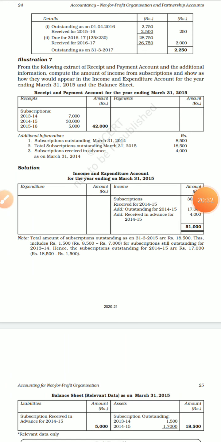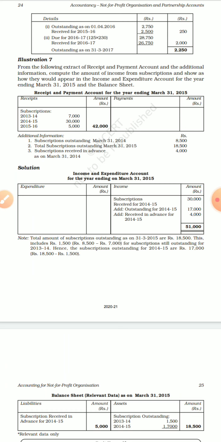So now illustration 7. From the following extract of receipts and payment account and the additional information, compute the amount of income from subscriptions and show how they would appear in income and expenditure account for the year ending 31st March 2015 and balance sheet. So this is a small part of a full-fledged sum. You will get a full-fledged sum including subscription also.